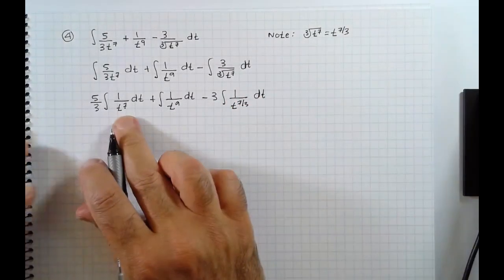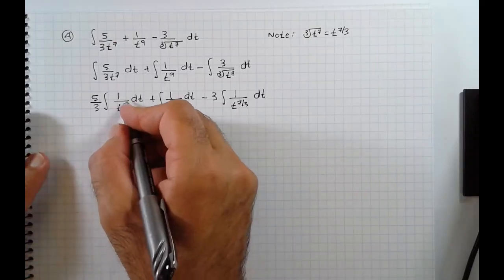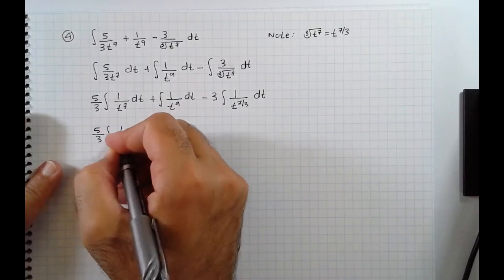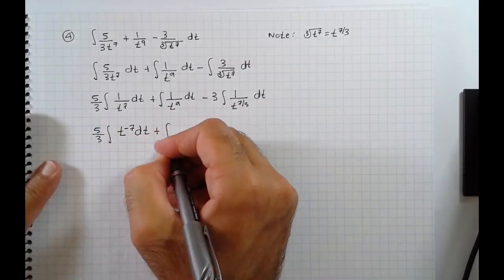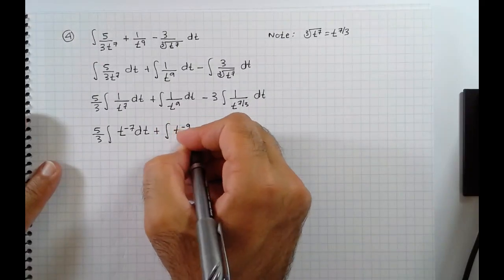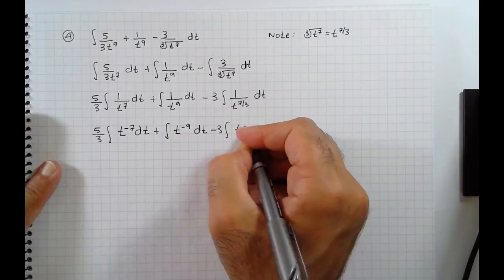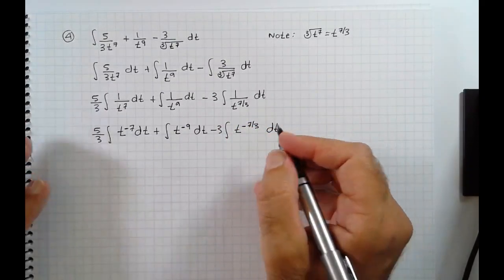Now you can't apply the power rule when you have something in the denominator like this, so you have to bring everything to the top. That's 5 over 3 integral t to the minus 7 dt plus integral t to the minus 9 dt minus 3 integral t to the minus 7 thirds dt. It's now prepared for using the power rule.